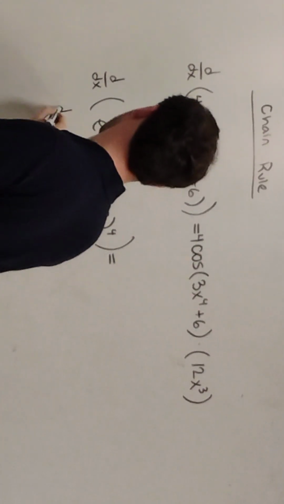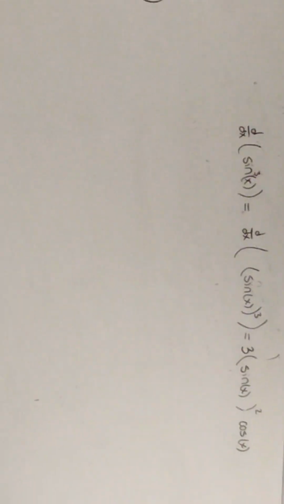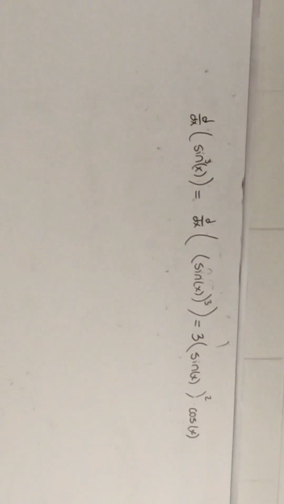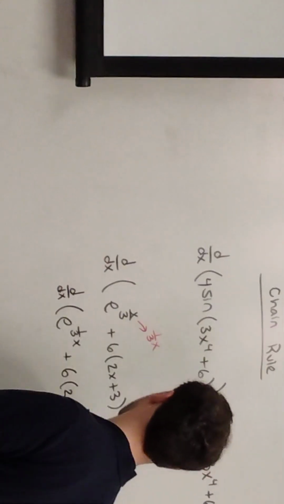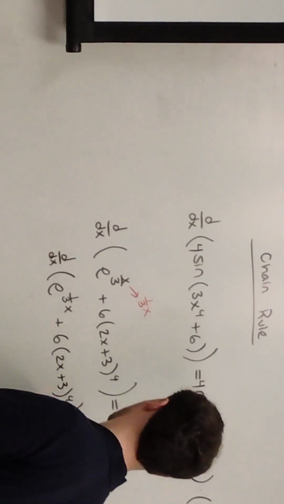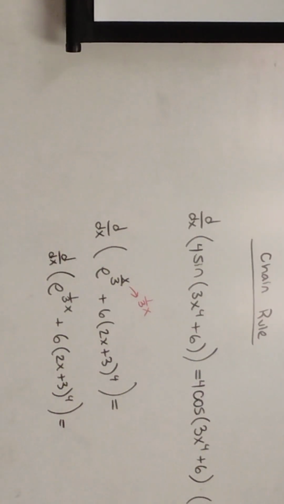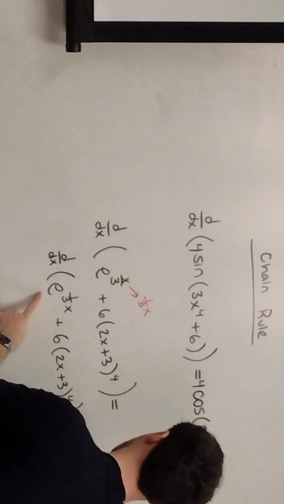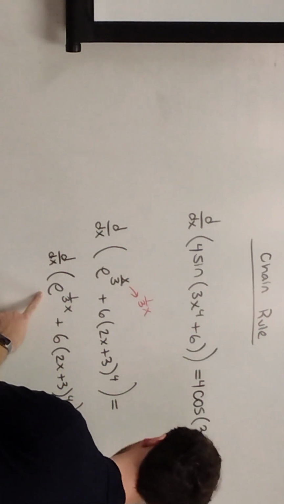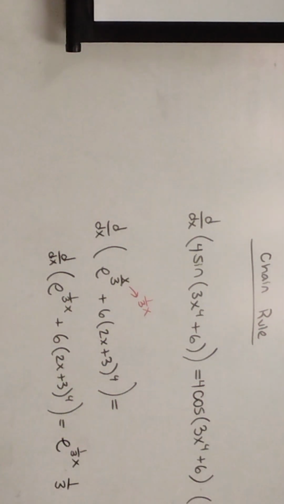So I'm going to write this line again just for emphasis. That's e to the 1/3 x plus 6 times 2x plus 3 to the 4th. Derivative of e to the anything is e to the anything times the derivative of the anything.